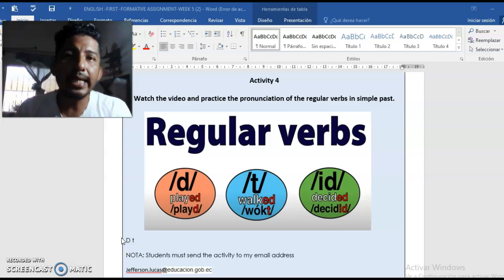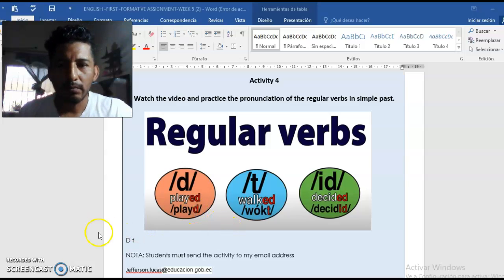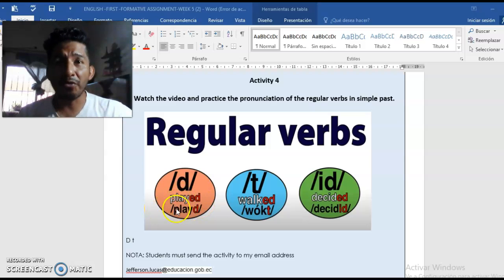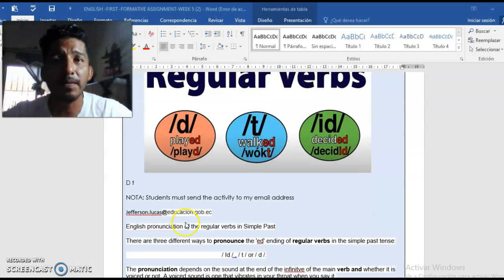Need, needed. Or final T: want, wanted. Start, started. Three pronunciations.